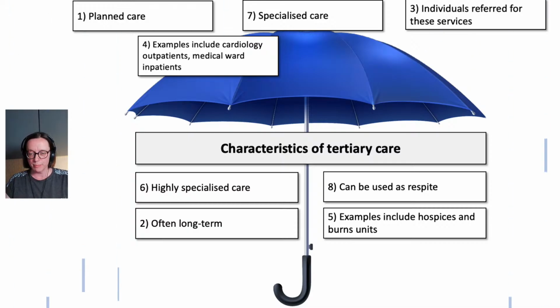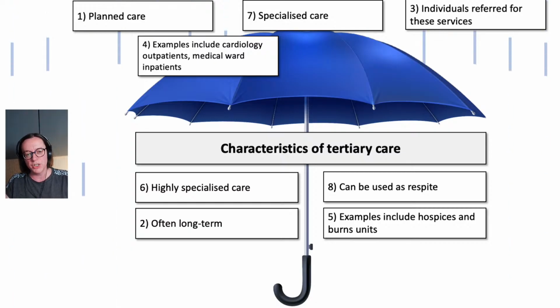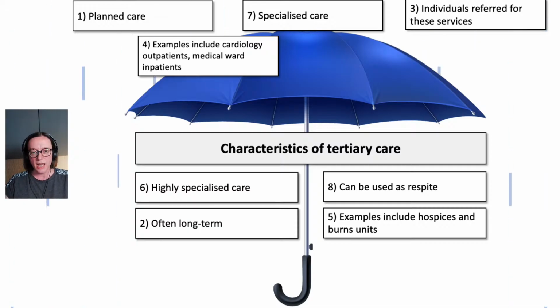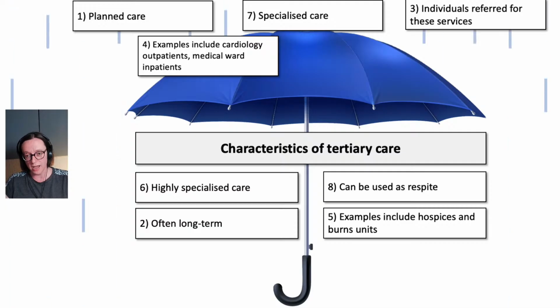So secondary care is specialised, you get referred there. Examples include cardiology outpatients. So if you've got cardiovascular disease of some kind and you're under the care of a consultant, you might go and see them every 6 months at an outpatients clinic. That means you don't stay overnight at the hospital, you just go there, you see the consultant. You might see other allied health professionals like a dietitian, for example, to get some information on a good diet for your cardiac issue.